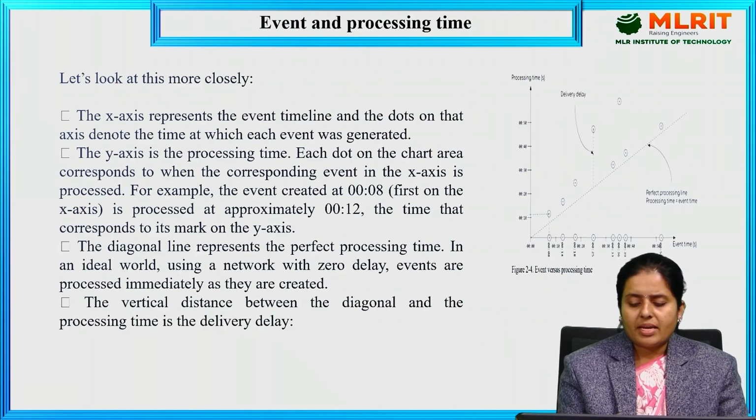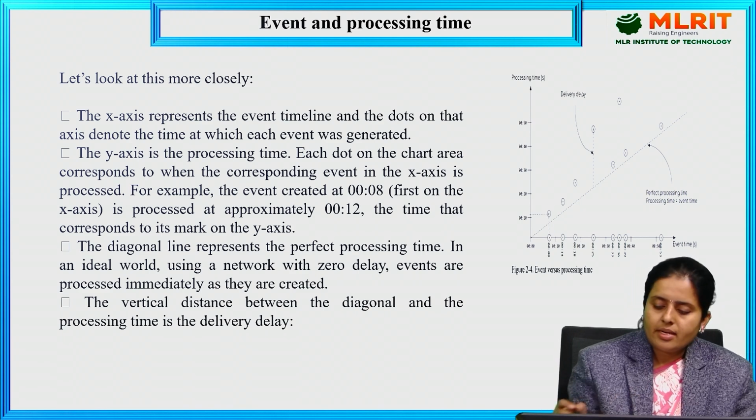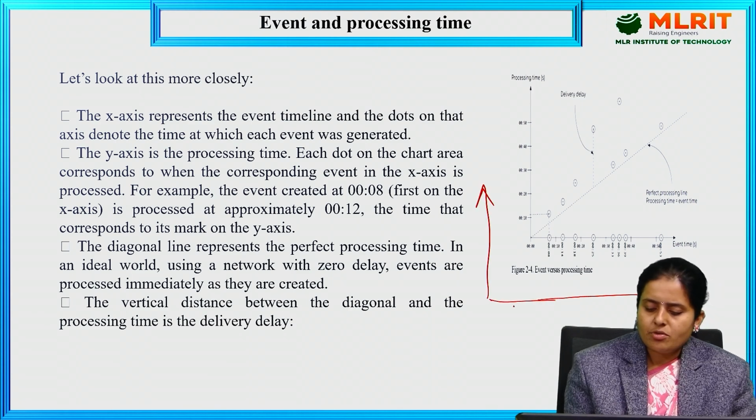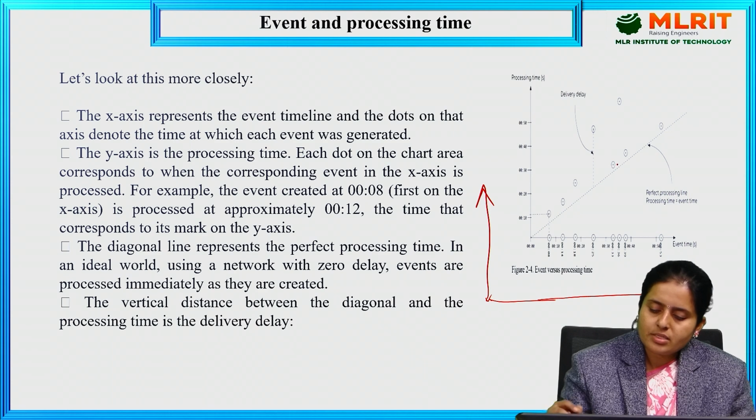Now, if we look at event time and processing time in combination, on this diagram event time works with respect to processing time. Using these two, we can calculate the perfect processing timeline, which is represented with a diagonal.